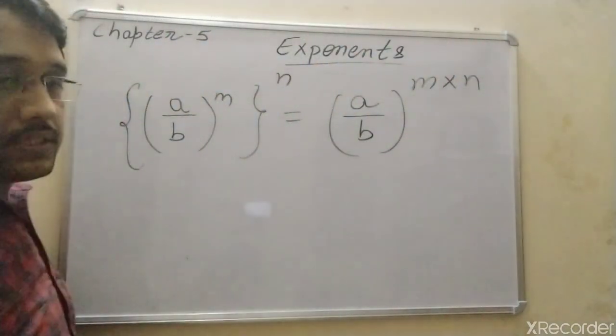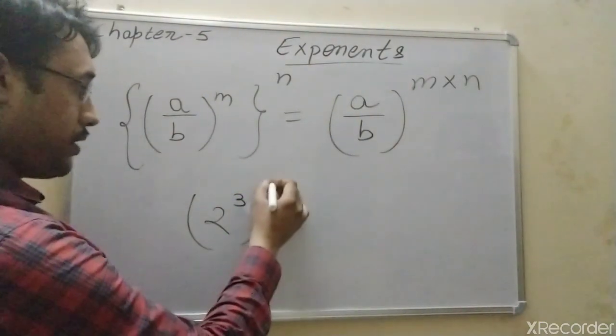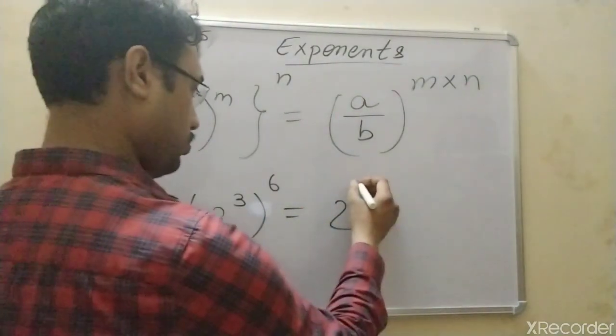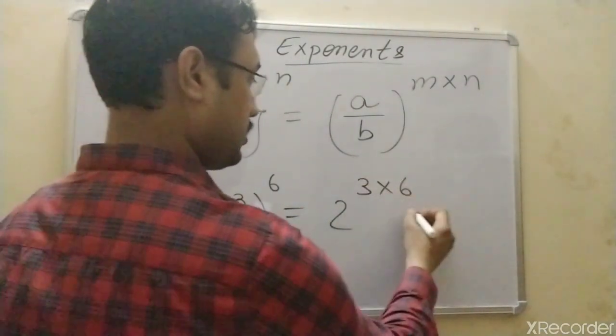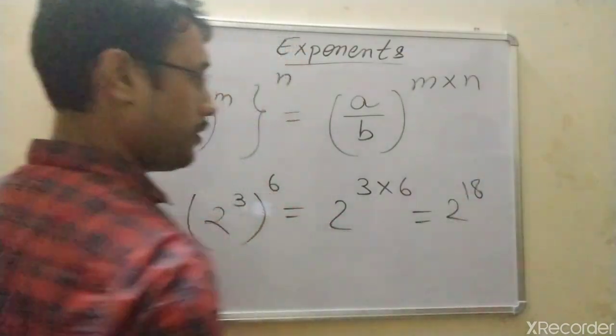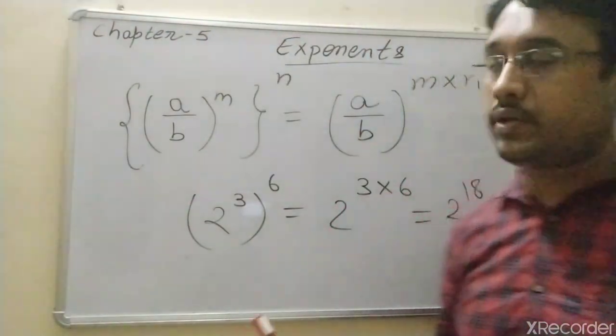For example, if the number is given 2 to the power 3 to the power 6, then it is 2 to the power 3 into 6, which means you will get 2 to the power 18 only.